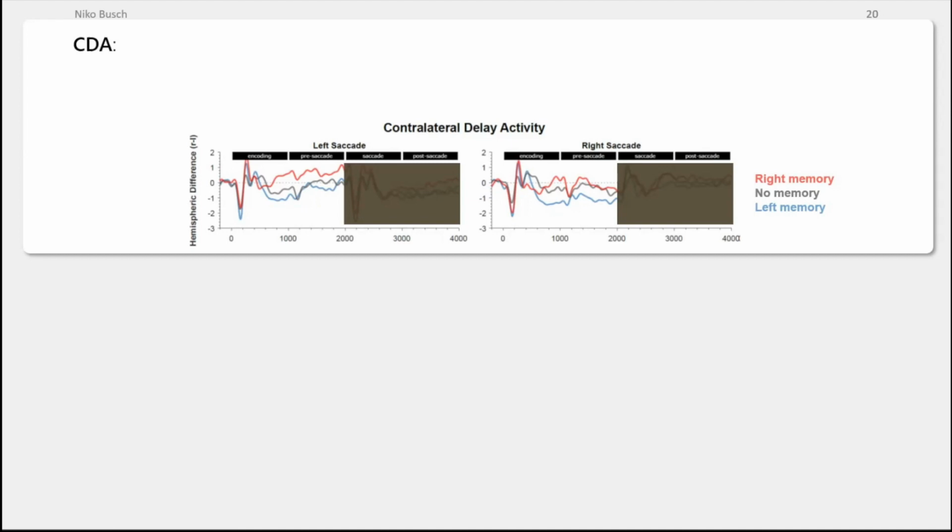That's really the equivalent to the CDA, a signal lots of people have demonstrated in numerous studies. And now the question is, what happens to the signal when subjects make an eye movement to the left or the right, so that the original location does or does not switch to the other hemisphere?